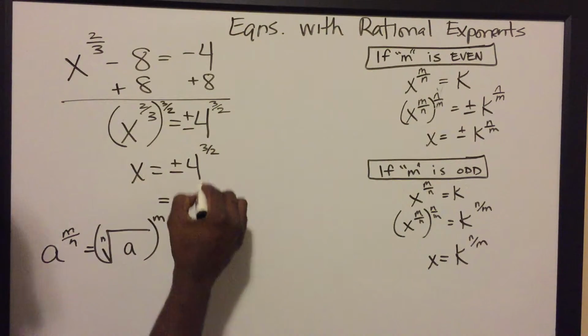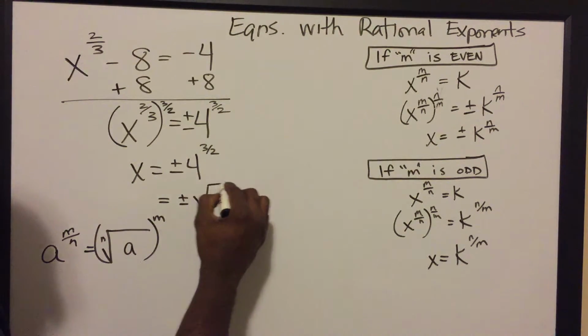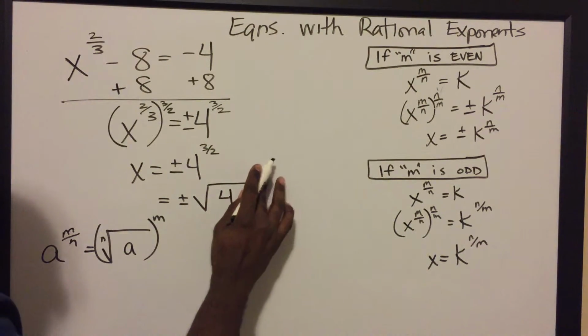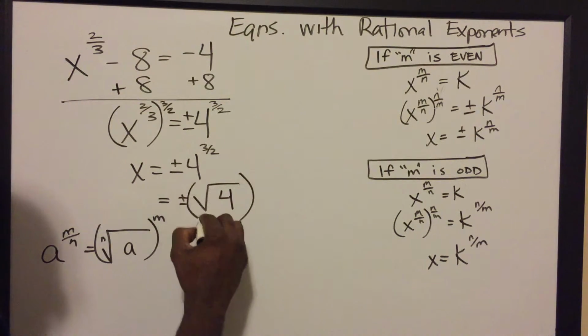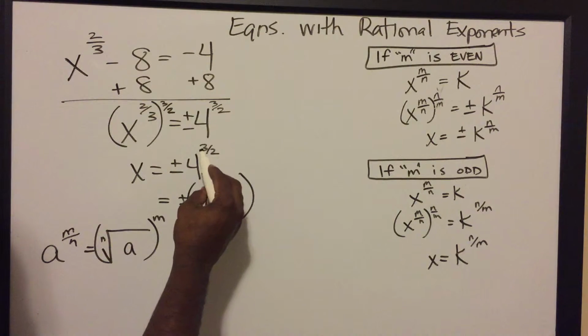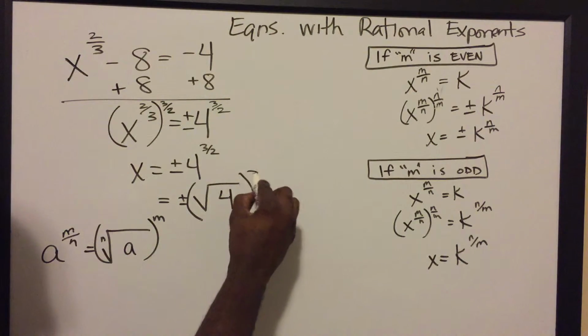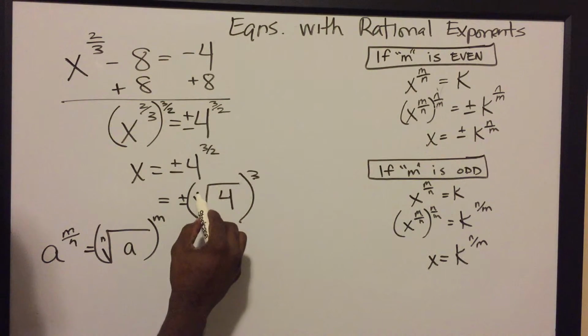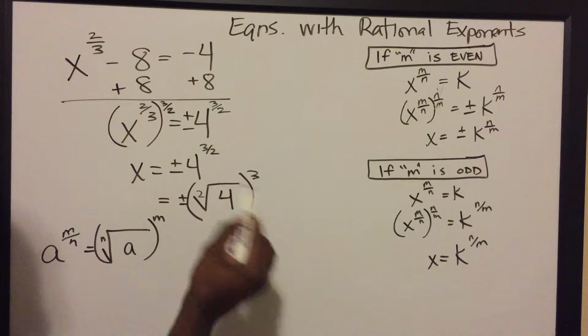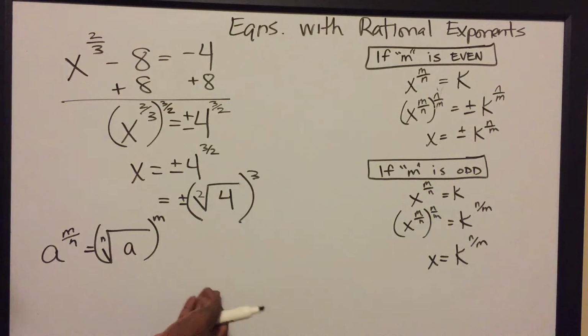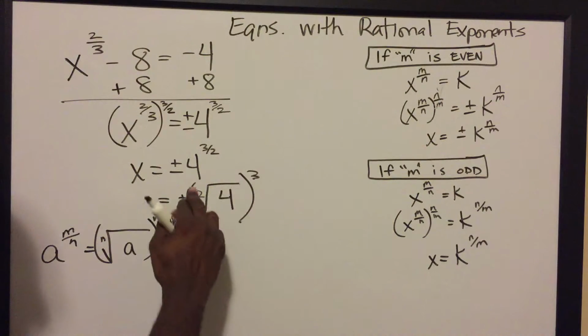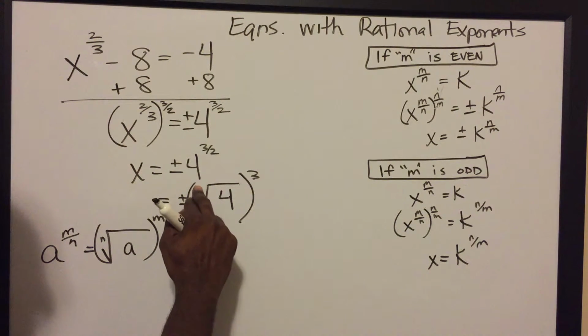Plus or minus the root of 4. This right here is our m. Cube that. This right here is squared, so we don't put a 2 in here when we say square root because the default is squared. If it was cubed, then we put a 3 there, but it's understood to be squared.